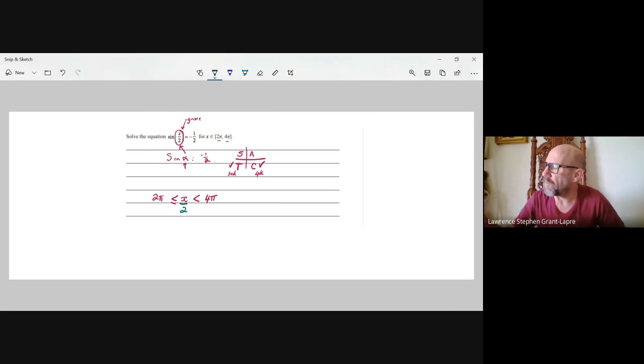If I divide that by 2, I must divide that by 2, and I must divide that by 2. Therefore, x over 2 in that bracket can be anything between pi and 2 pi. Now, pi to 2 pi is quadrant 3 and quadrant 4.